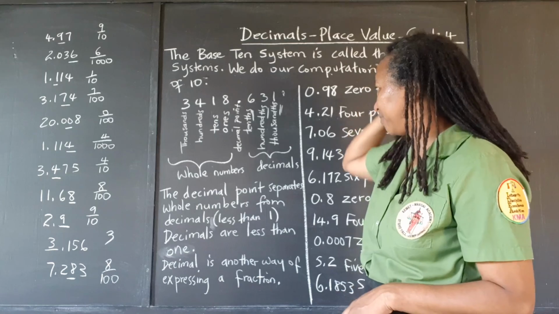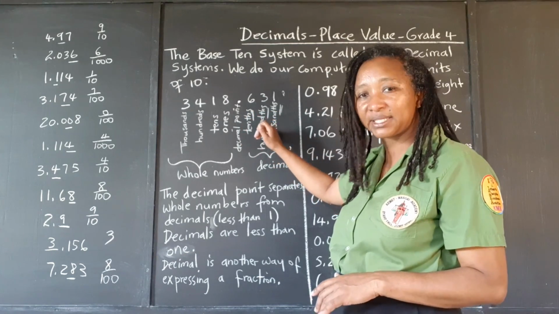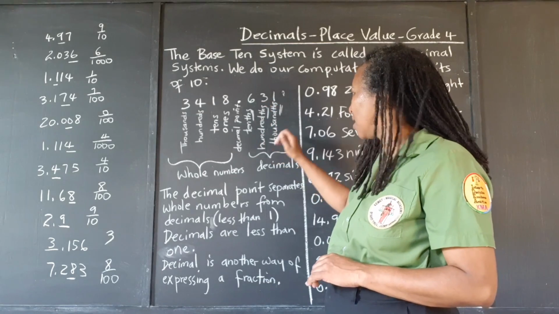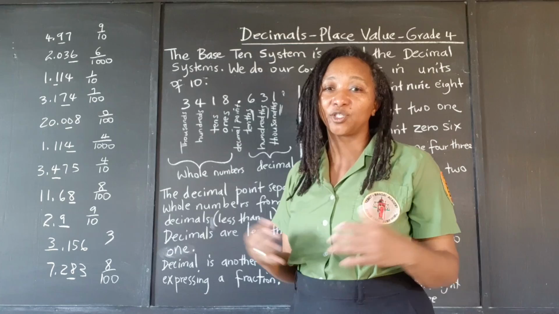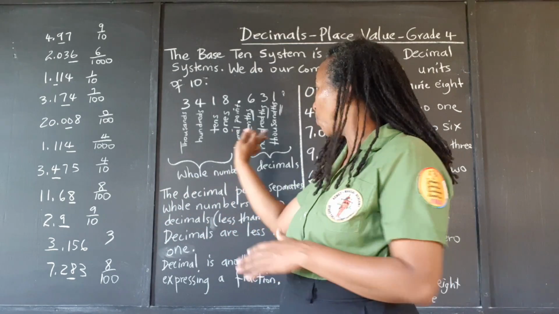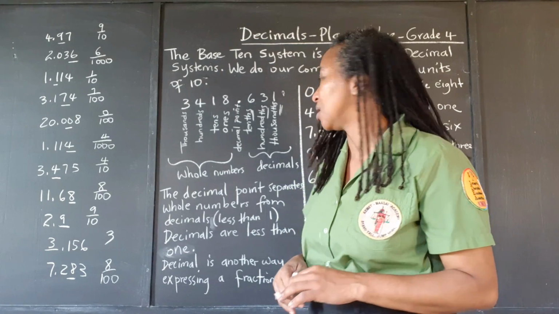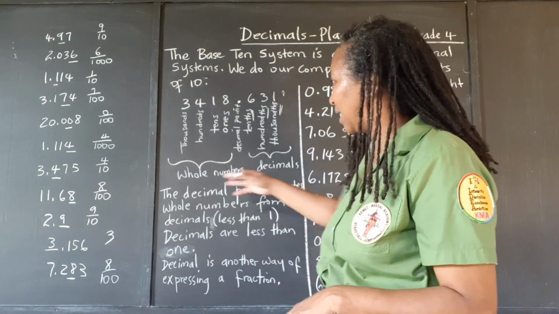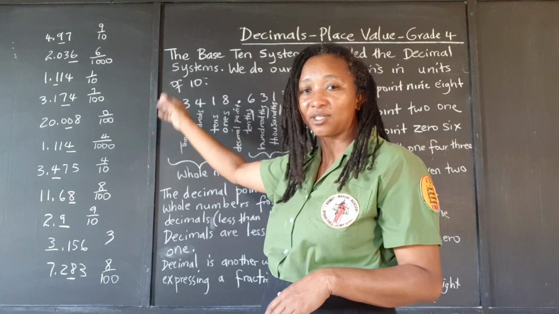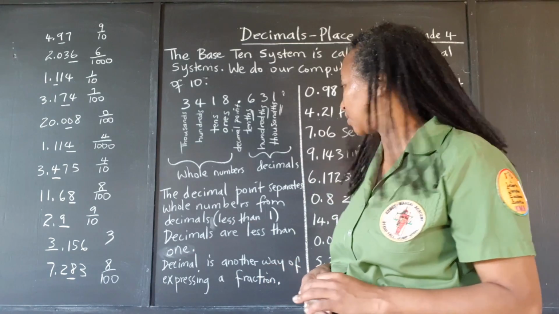So we have tenths, hundredths, thousandths. And we know by now that these numbers continue in both directions, right? So 10,000, 100,000, as well as ten-thousandths, hundred-thousandths, millions, tens of millions, and so on.